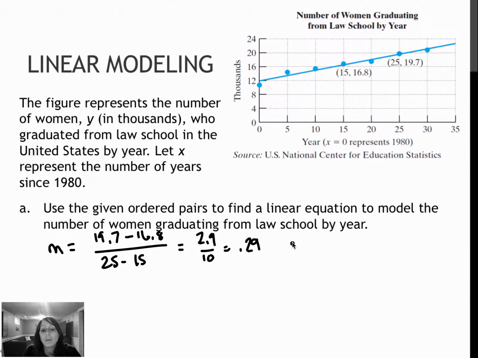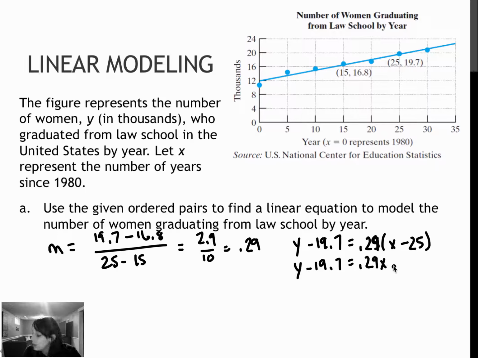Now I'm going to use my point slope form. So y minus my y value, I'm choosing that second point, equals my slope, and then x minus my x value. I'll distribute the 0.29, and that gives me 7.25.